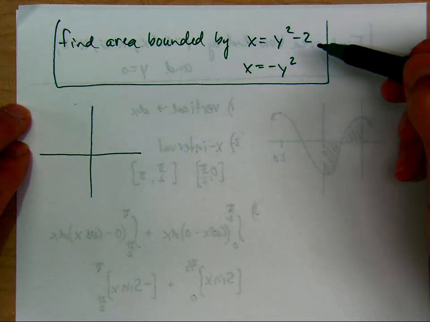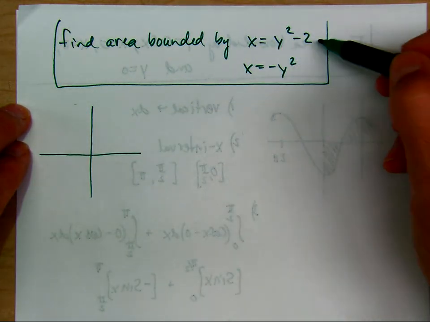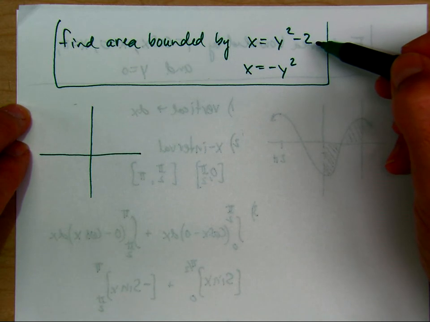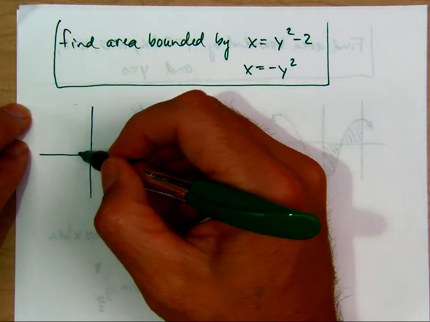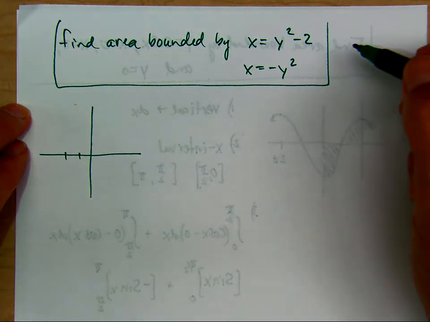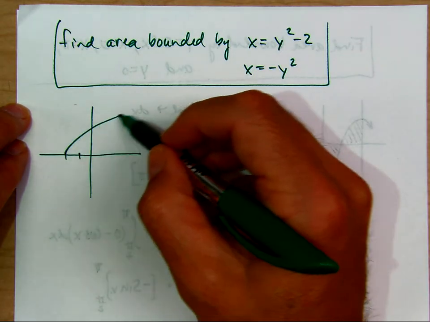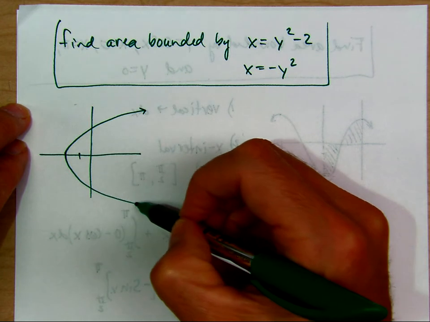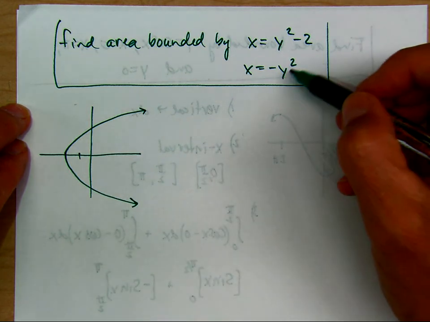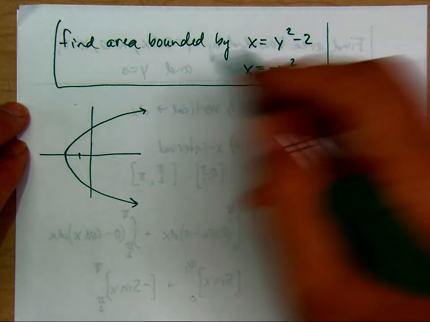Alright, so here we have a horizontal parabola, and this one is shifted to the left 2. Here it's reflected across the y-axis.